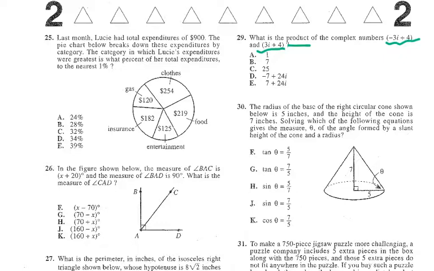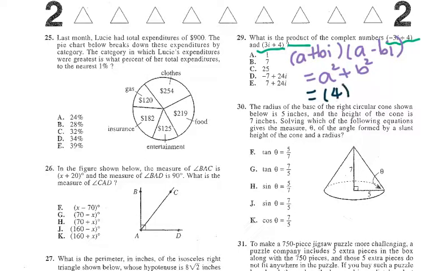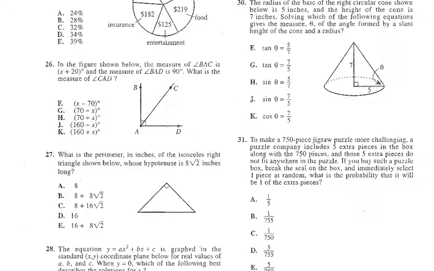For the conjugate multiplication, we know A plus Bi times A minus Bi, answer will be A squared plus B squared. So A part, that's 4. That means 4 squared plus negative 3 squared. That will be 25. So C is the answer.